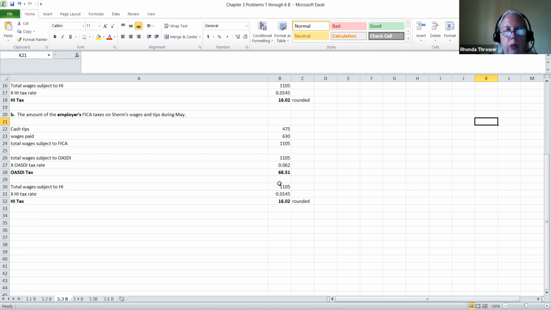And we do the same thing for HI, except we use the HI tax rate. The total earnings 1105 times 0.0145 gives you $16.02 rounded. So the employee and the employer contribute to the FICA taxes.